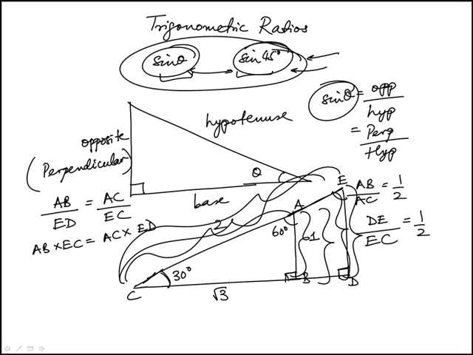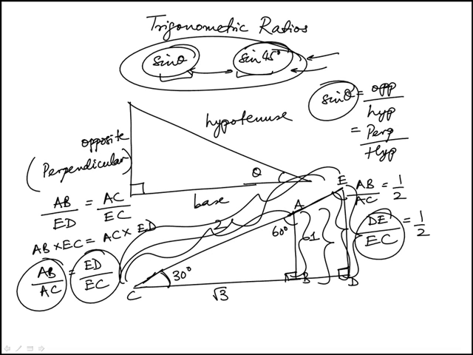And then I can rearrange this to write AB over AC is equal to ED over EC, just the same as DE over EC. So basically what we're saying is this ratio of the perpendicular to hypotenuse is always the same, no matter how large this triangle is.